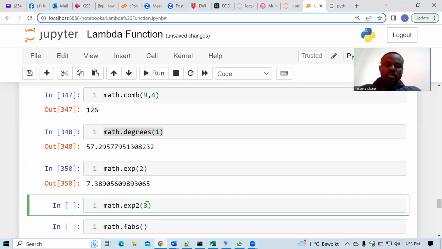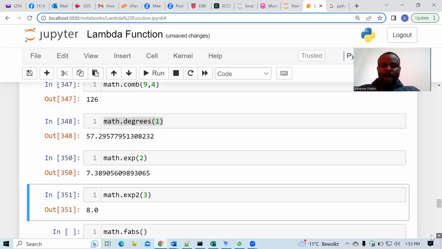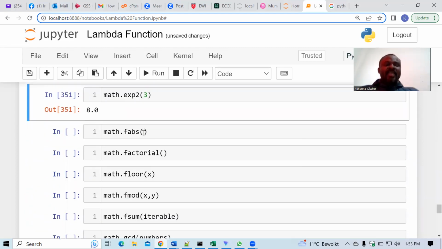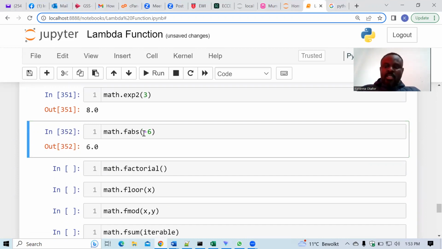So 2 raised to the power of 3 should give 8 as a floating point number. So 2 times 2 times 2. Okay, guys. Then the fabs, it's simply going to return the positive value of the given argument. So with a negative argument, you get the positive equivalent of that number. So let's say -6 should be 6.